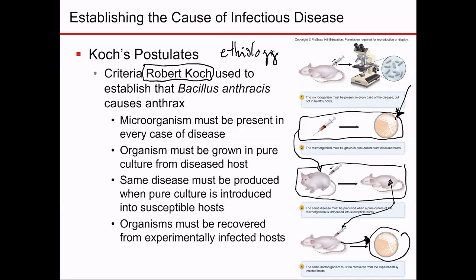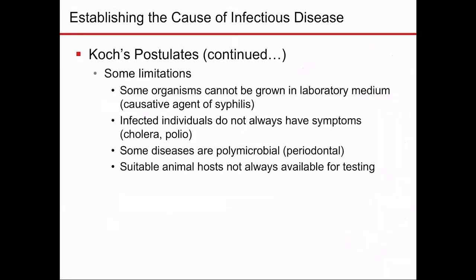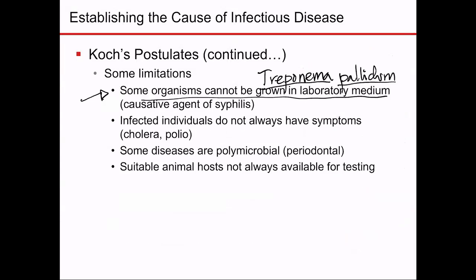Now, the only thing with these pathogens is that sometimes it's hard to establish this relationship. For example, you may find that sometimes the organisms cannot be grown in laboratory medium. For example, the agent that causes syphilis, Treponema pallidum, still we struggle to grow that bacteria in the laboratory.